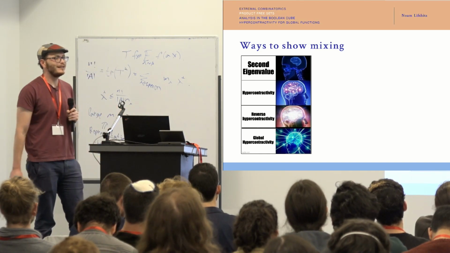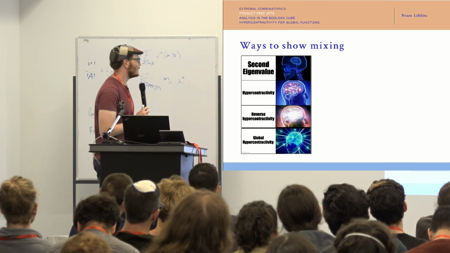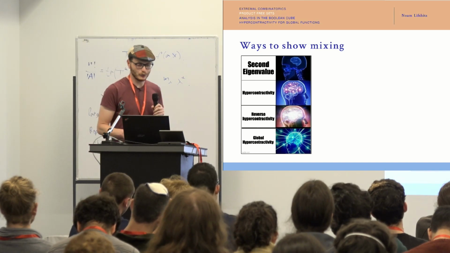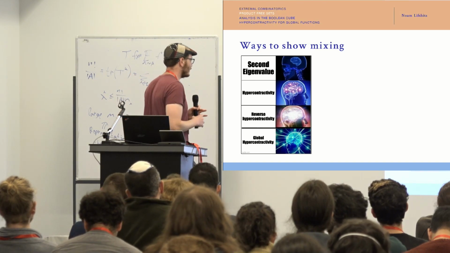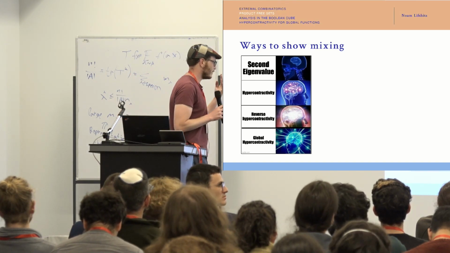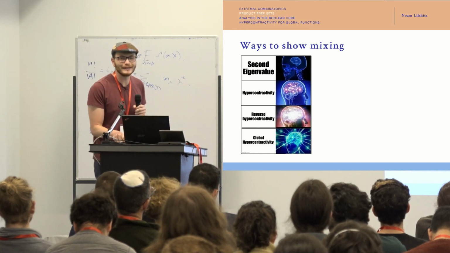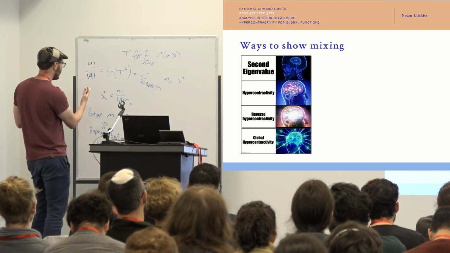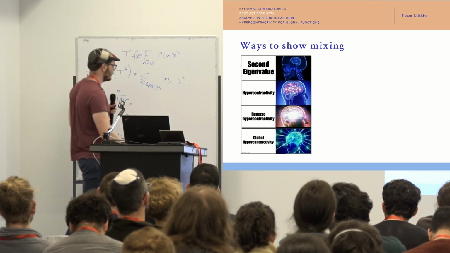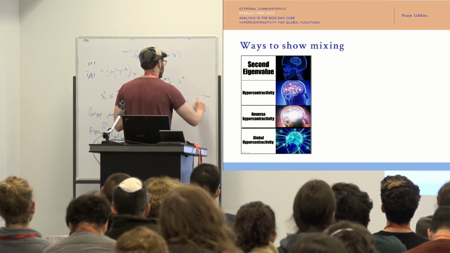But it turns out that there are other ways to show mixing, and we basically use tools from Boolean functions. So one of them is hypercontractivity. And if you look at this proof, it only uses L2 norms.